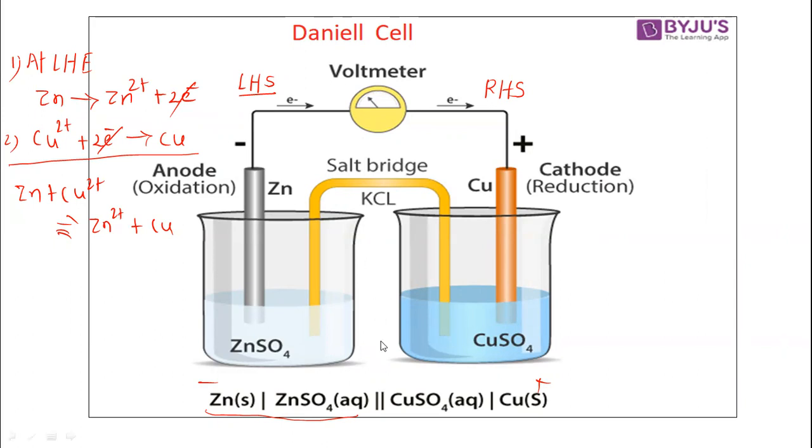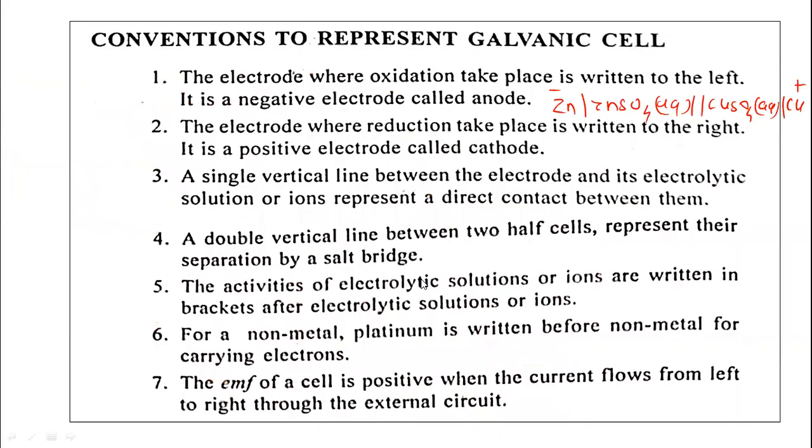So the double vertical line means that the two electrolyte solutions are separated. There is no direct contact between the two electrolytes here. The zinc sulfate and copper sulfate are not in direct contact, but they are in contact with the help of the salt bridge. This salt bridge separates the two electrolytes, and it makes the electrical contact between the two electrolytes. So that is the meaning of the double vertical line.